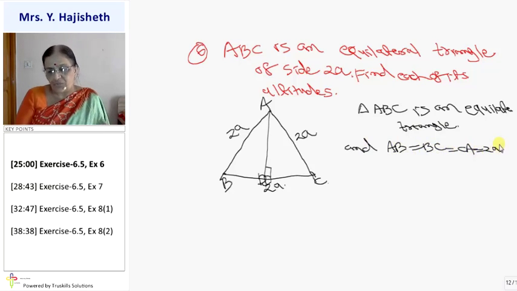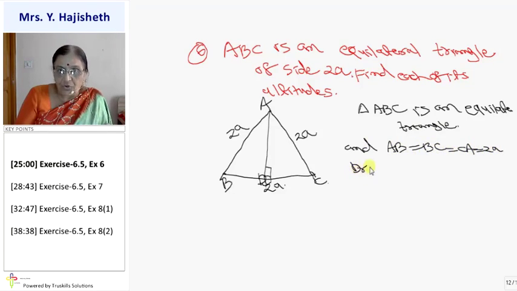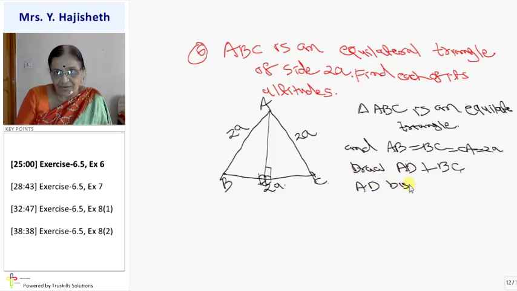Length of each side is 2a. Now draw AD perpendicular to BC. So you know AD bisects BC. In an equilateral triangle, the perpendicular always bisects the base. We have learned this. So I can write BD is equal to DC, which is half of BC, and is equal to a.